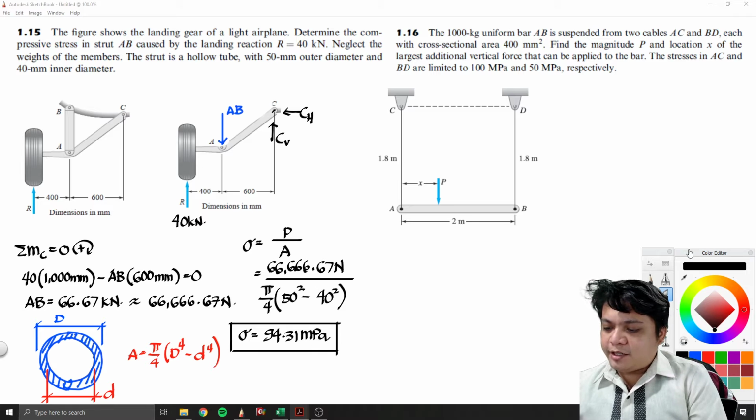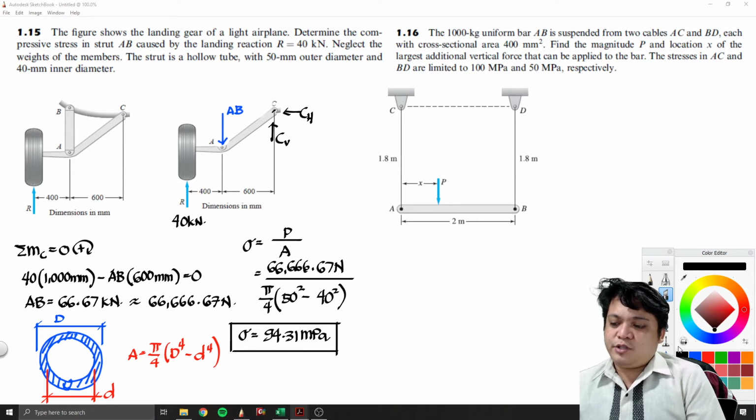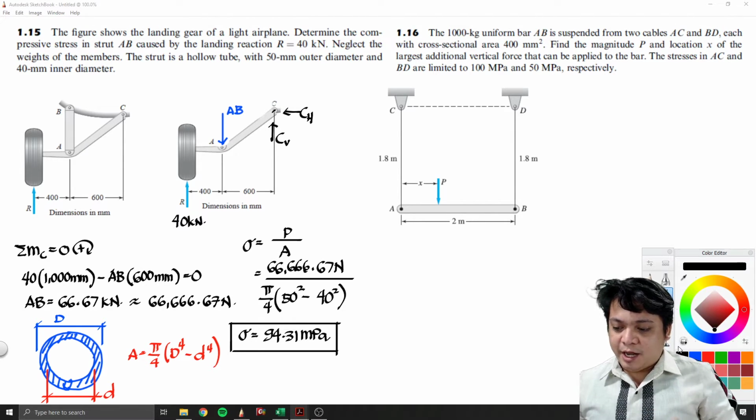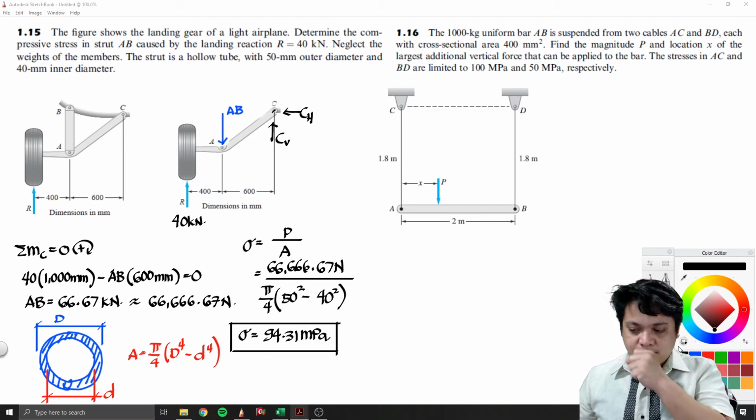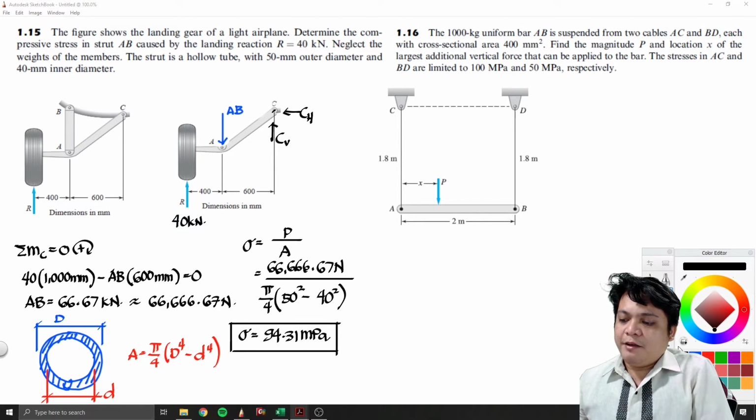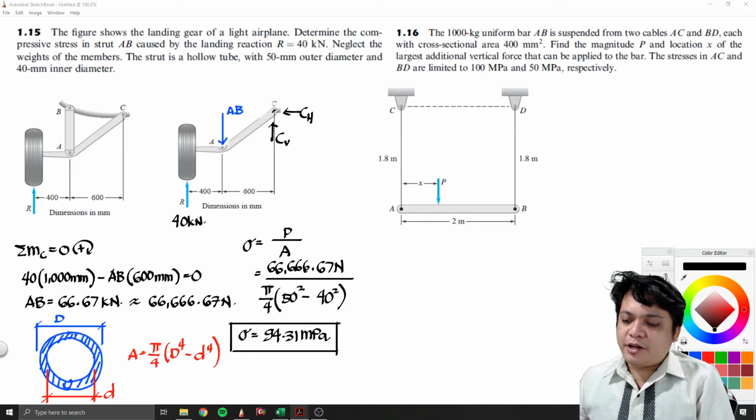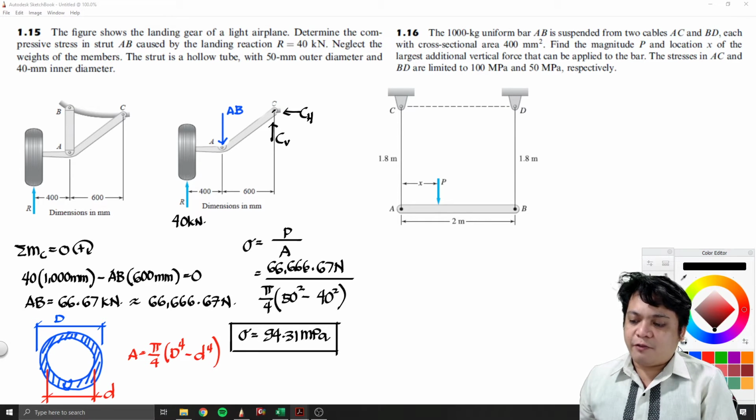So the 100 kilogram uniform bar AB is suspended from two cables AC and BD, each with cross-sectional area of 400 millimeters square. Find the magnitude P and the location X of the largest additional vertical force that can be applied to the bar.